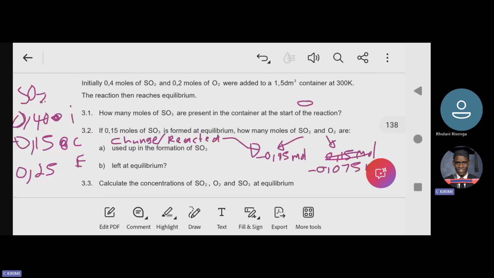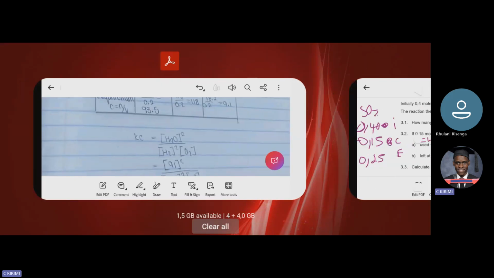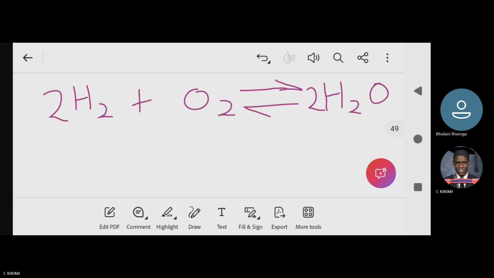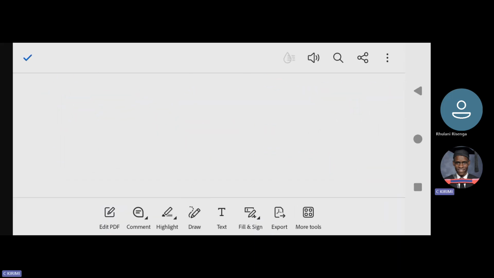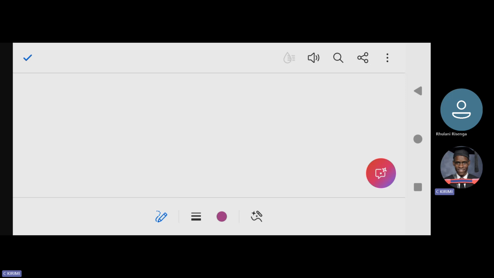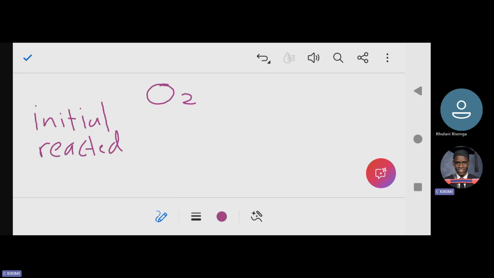Let's do the same for oxygen. How many moles are you getting for oxygen? So for oxygen, O2, we have your initial, the ones that reacted or the change, these are the moles that reacted, and then the moles which are at equilibrium.